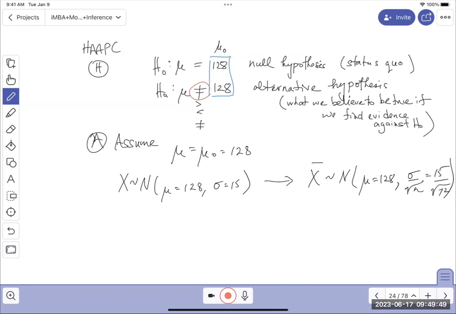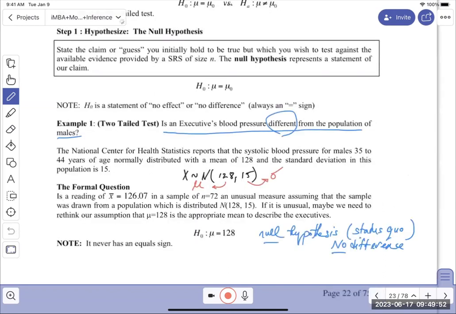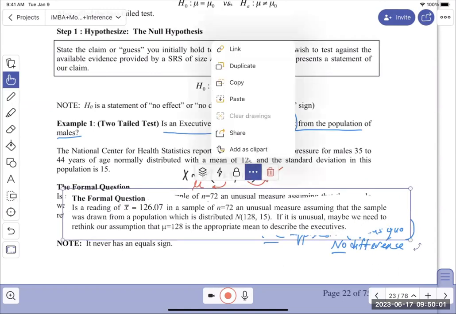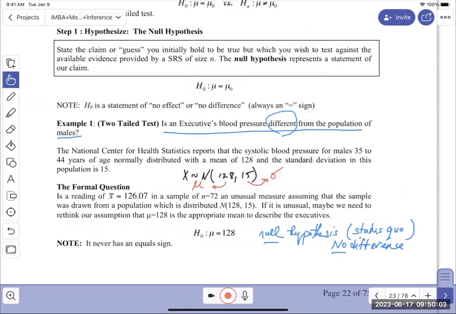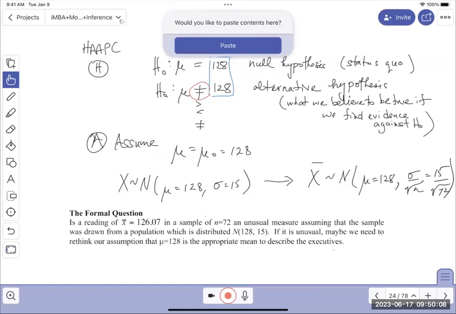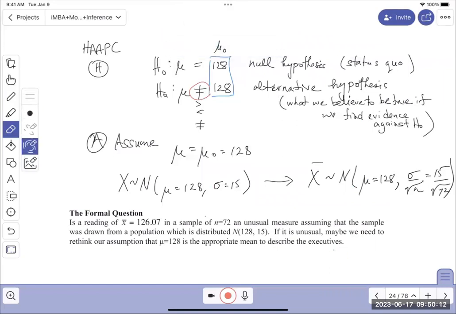All these numbers are on the other page. Let me grab them. That's the population standard deviation, and the sample size.